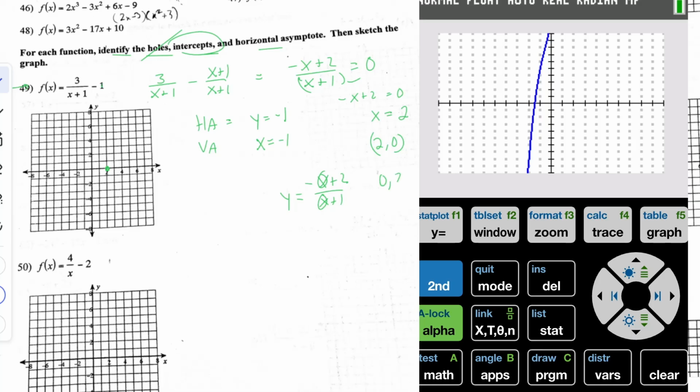So 0 comma 2. And let's see, my horizontal asymptote was at y equals -1. My vertical was at x equals -1. And from these 2 points, I know the graph's going to look like that.